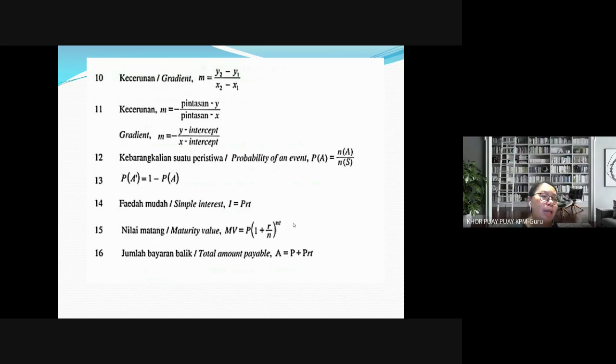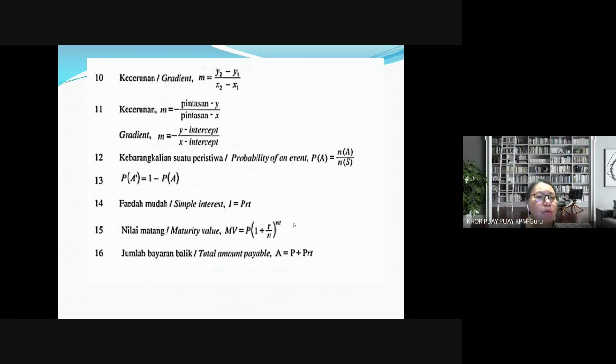When you withdraw the money at the end, that is your maturity value, meaning you get back your deposit, the letter P, principal, and you will also get the interest together with the deposit.